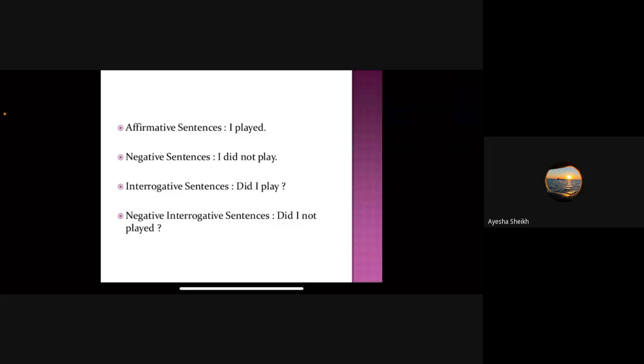Who will identify the mistake over here? In negative sentence, in interrogative. I did not play. Where? In negative sentences. No, negative is correct. Second one, that is correct.